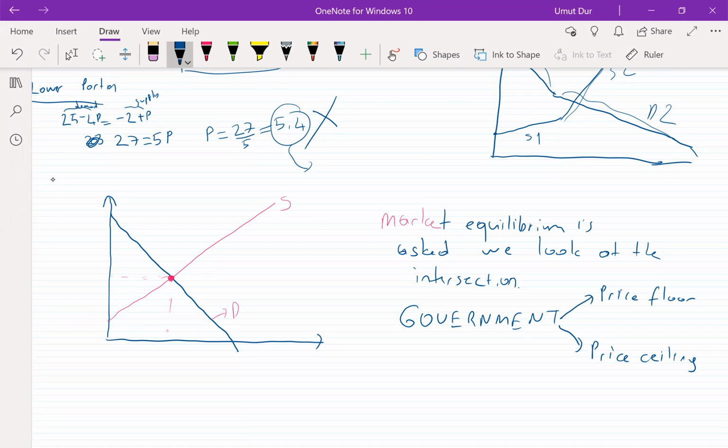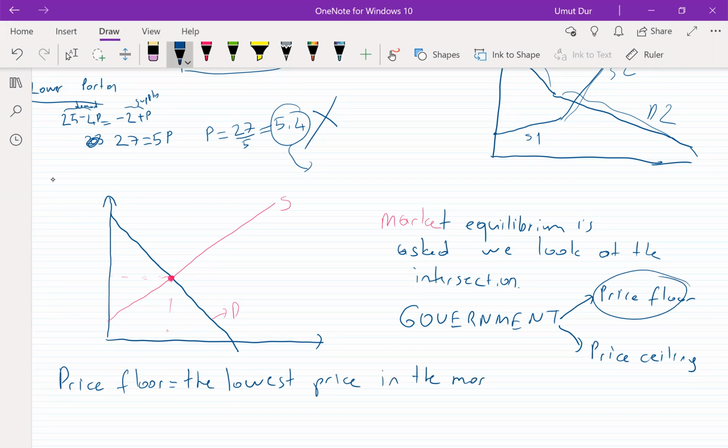Taban fiyat, zemin. Okay, so the price floor will be the lowest price that you can ask for. The price floor is the lowest price in the market that can be implemented.